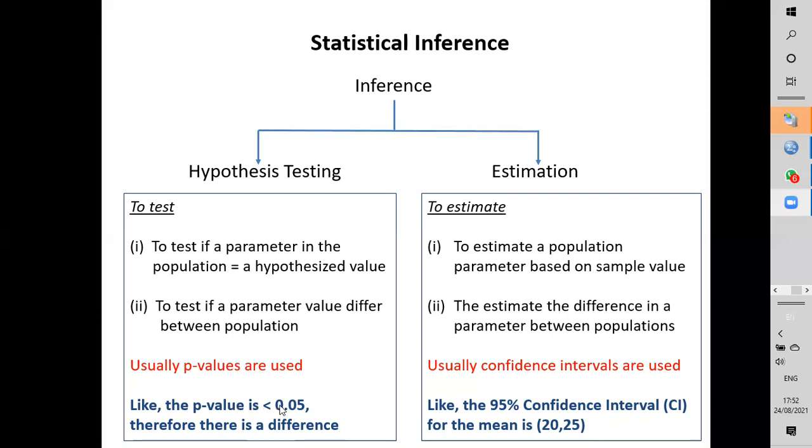Just now we said, testing normality, if the p-value is less than 0.05, the data is not normally distributed. In this kind of example, testing between two populations, if the p-value is less than 0.05, we're going to say there is a difference, or they are not the same.